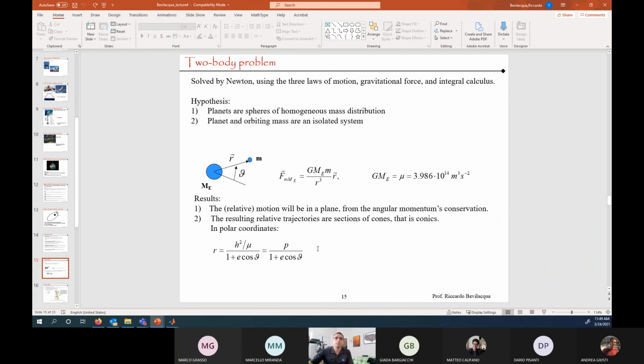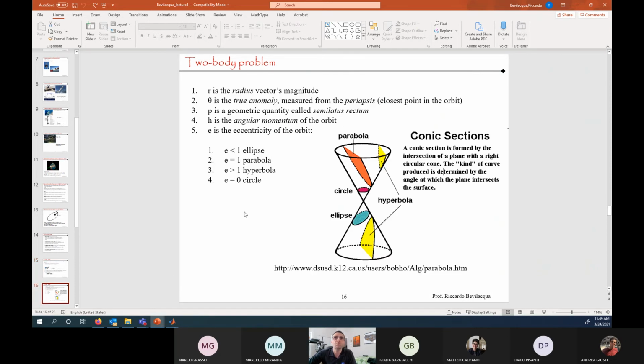So these are basically orbital parameters kind of discussion that we have to do. But basically, the magnitude of the position vector is changing only with theta, because E will be a constant and H will be a constant of the motion for this particular hypothesis that we made, the simplified Keplerian orbit.